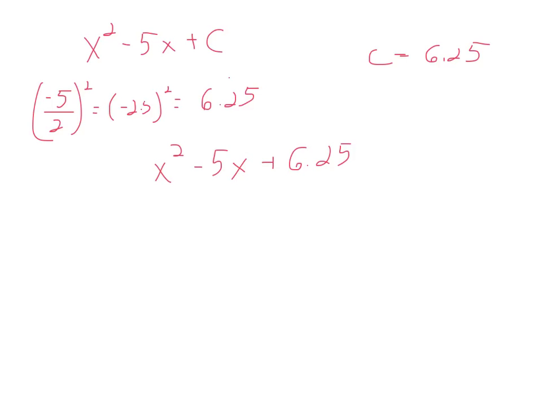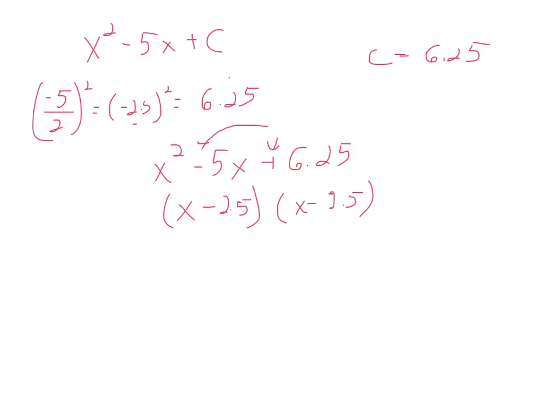Okay. This right here tells us the two binomials, okay, and the signs are going to be the same, and they're both going to be negative. So it's going to be x minus 2.5 and x minus 2.5.